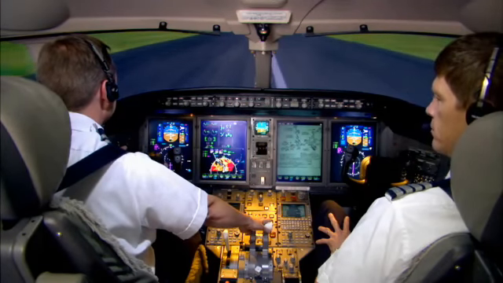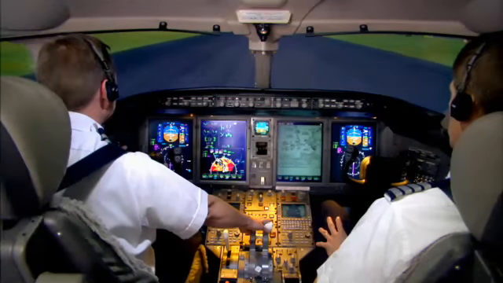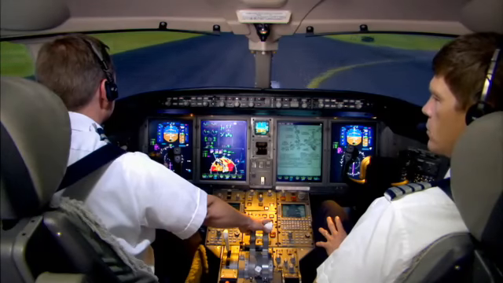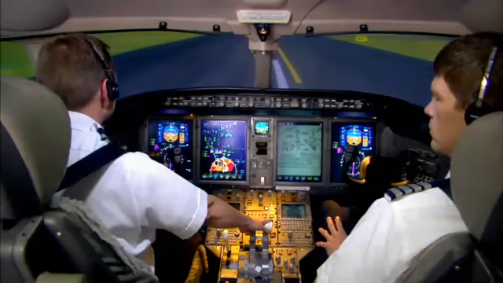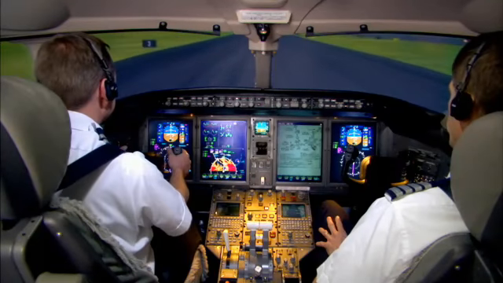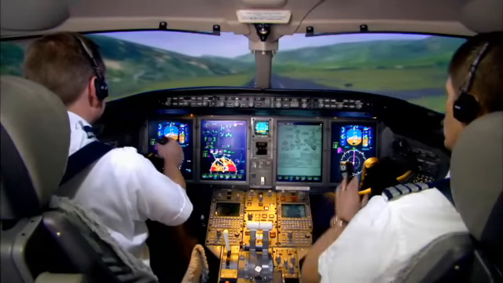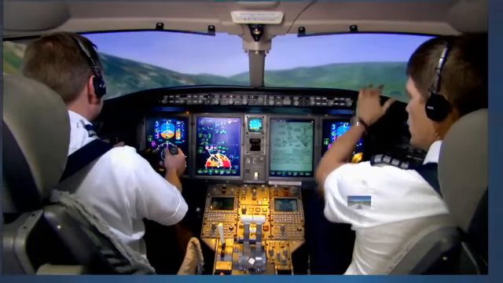Airspeeds are live. 80 knots, cross check. V1, rotate. Positive rate. Gear up.